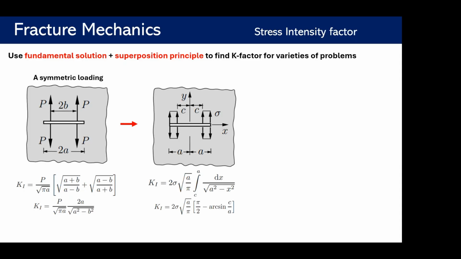The solution for this problem is a fundamental solution for a symmetrical loading. You can use this solution as a fundamental solution and then use integration to find the stress intensity factor for this loading case, which is a uniform distributed load from distance C to A, where A is the half length of the fracture.